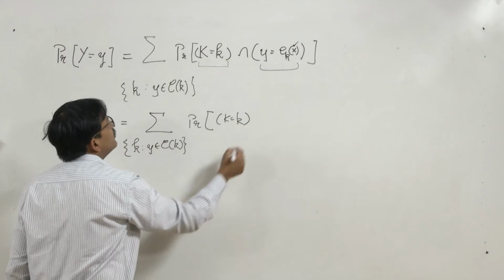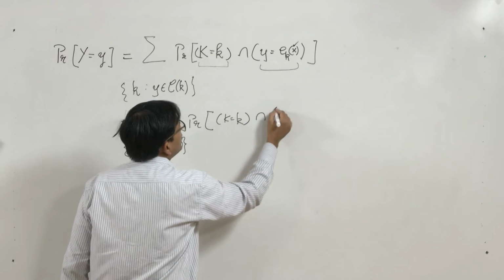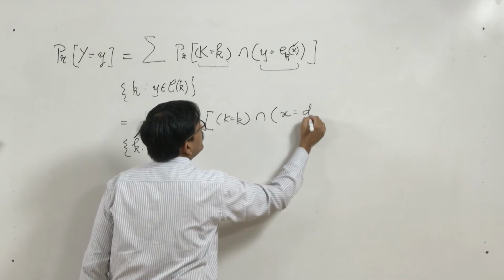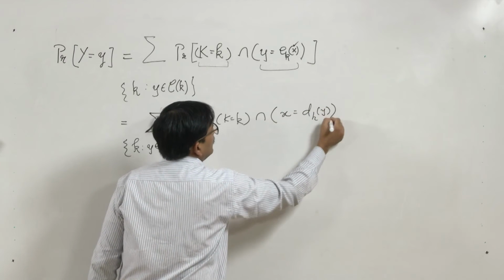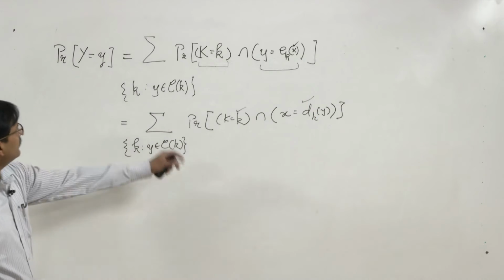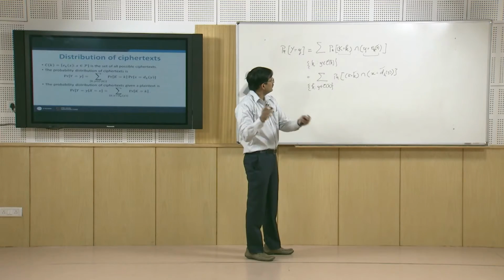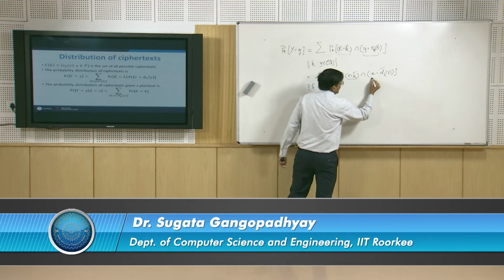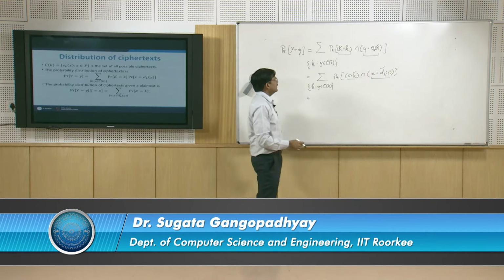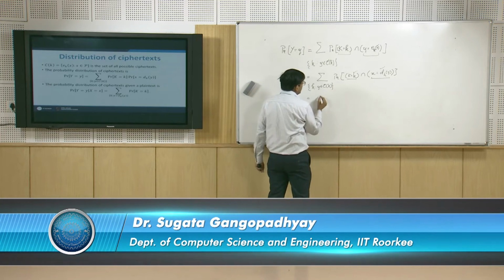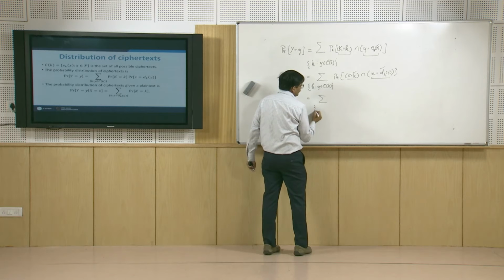K equal to small k intersection y equal to e_k(x) is same as x equal to d_k(y). So, I know that these two events must occur together to get y, and then I have to vary over all k, and I assume very reasonably that the key and the plain text are independent. Therefore, this can be replaced by a product.